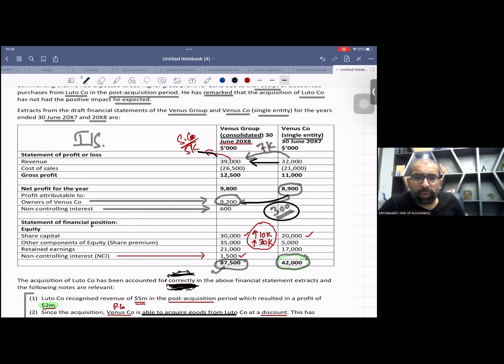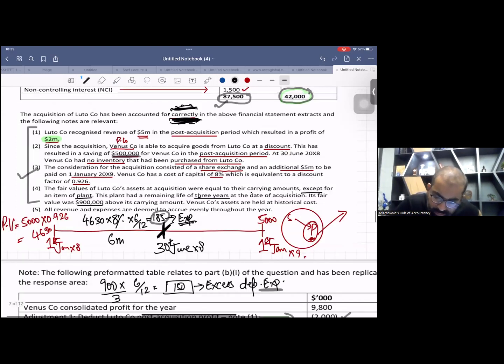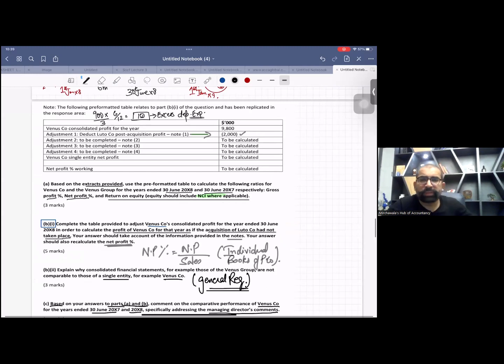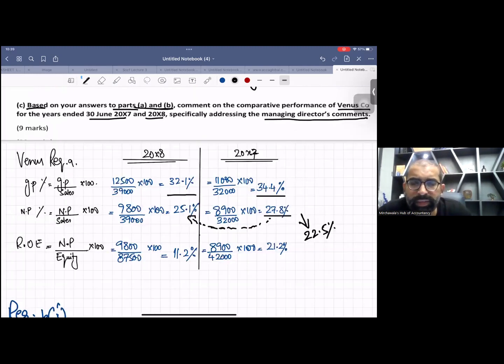Now, if you look at the GP percentage, what was the GP percentage? Wait. Previously it was 34%. Now it's 32.1%. 34 to 32.1%.